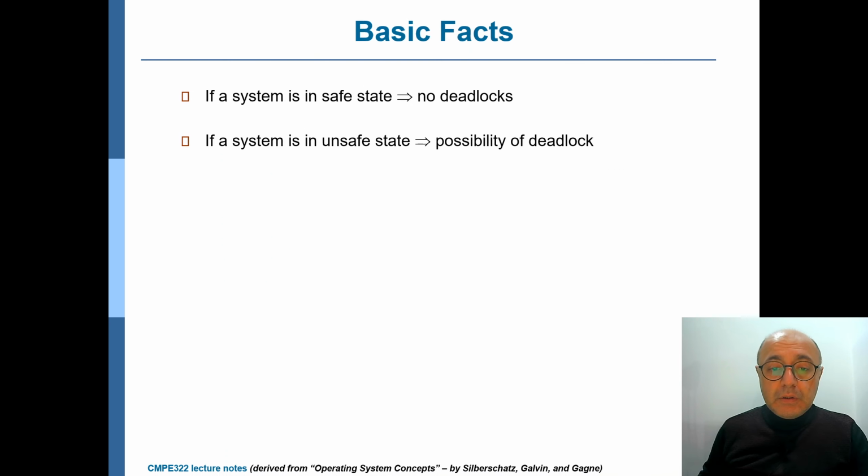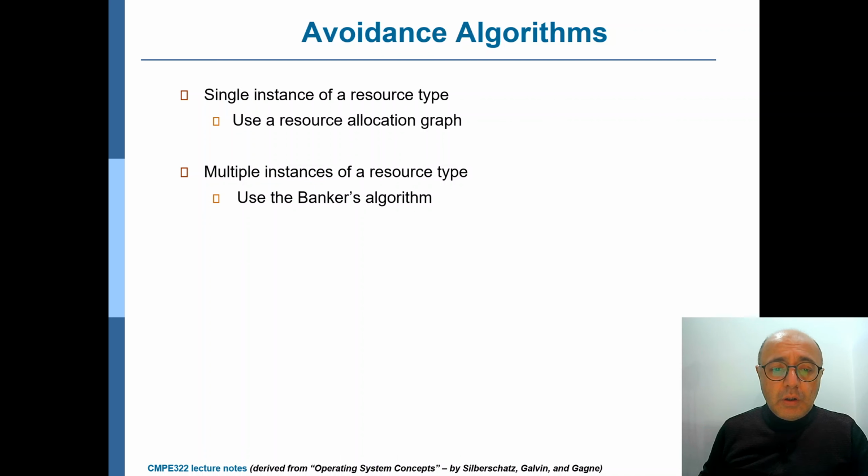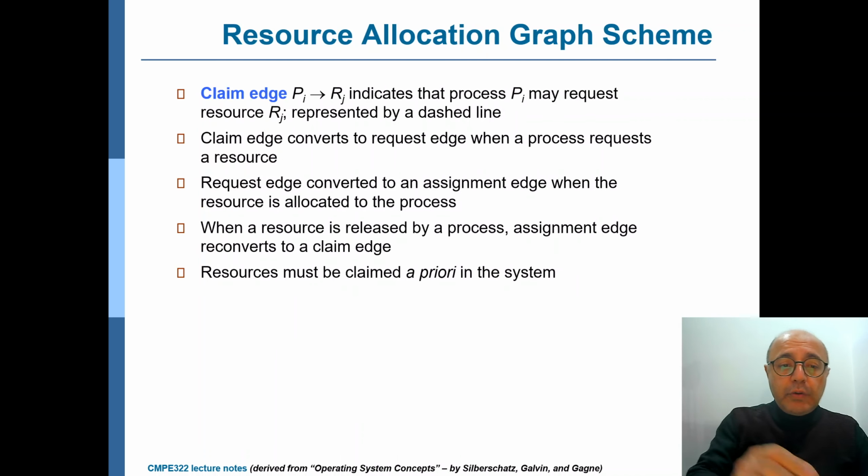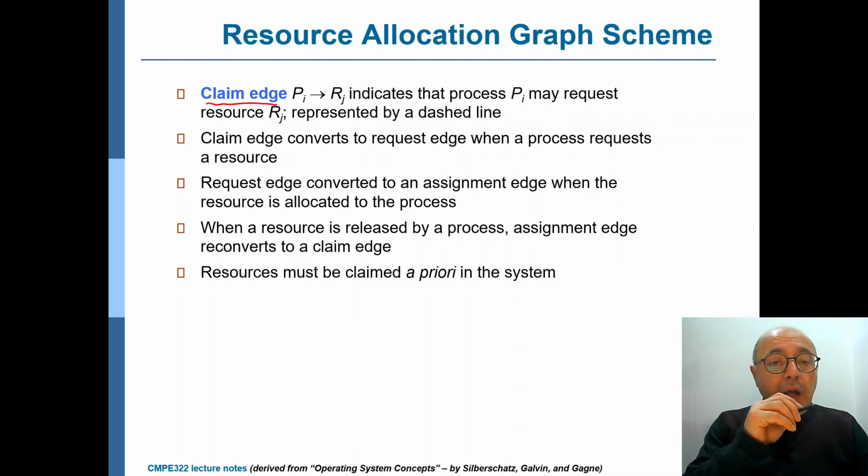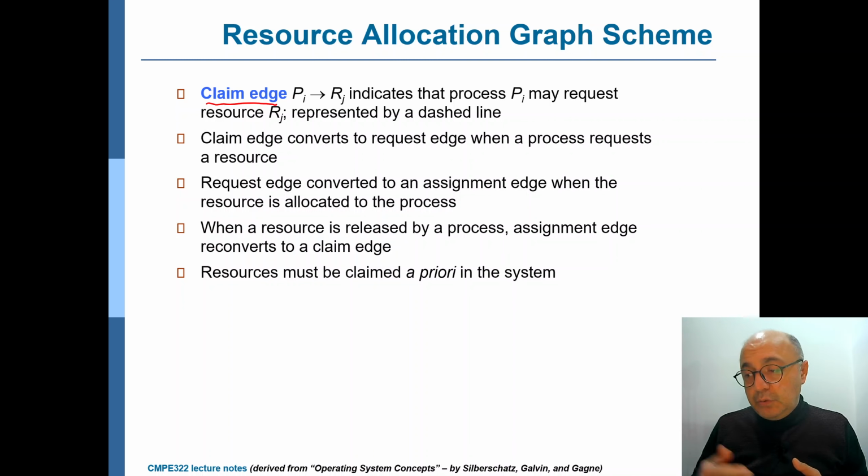Also in here, for the claim edge, I know which resources a process may claim, because from that a priori information, we already have the information. Some of these resources have already been claimed, and the remaining ones are to be used in the claim edge.